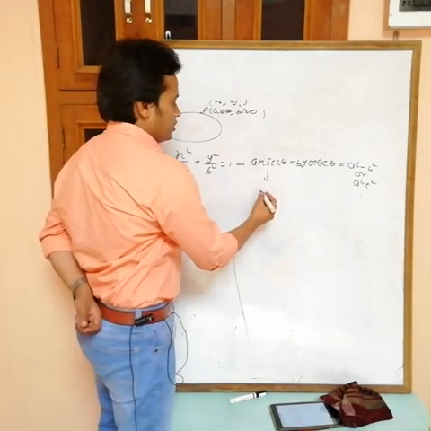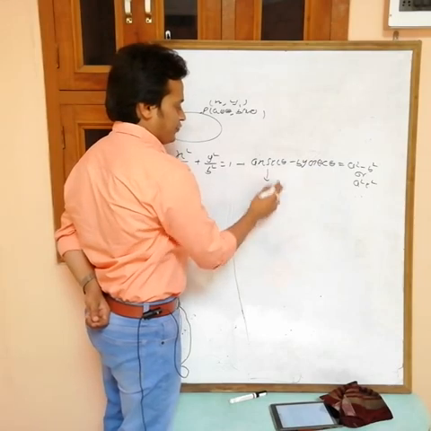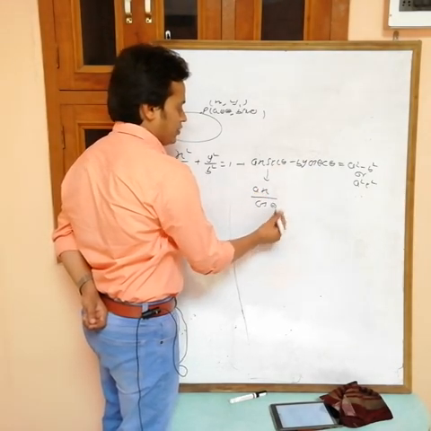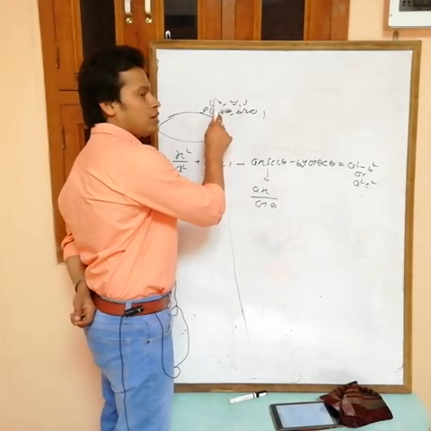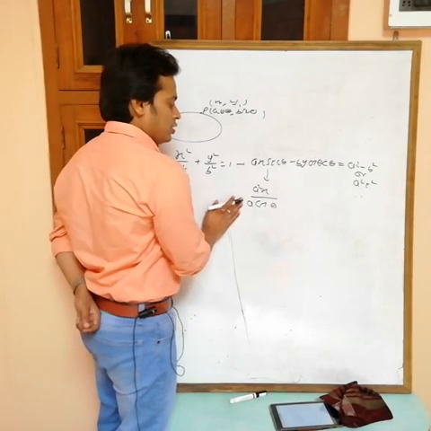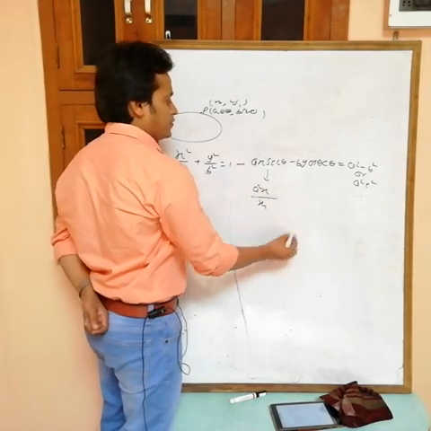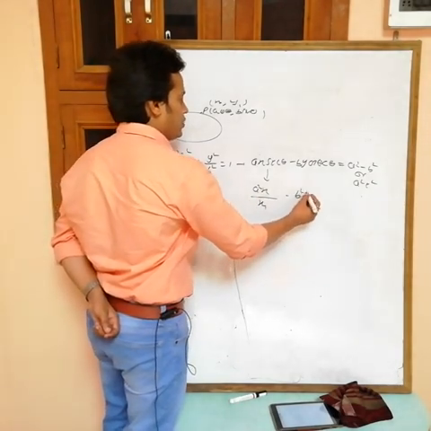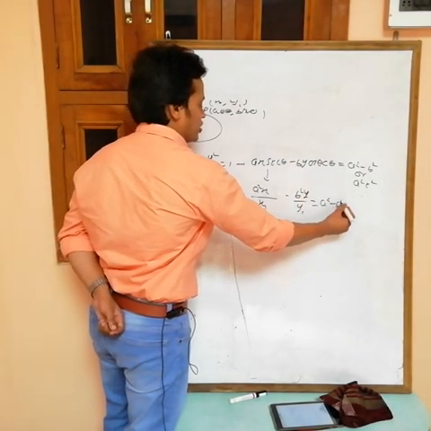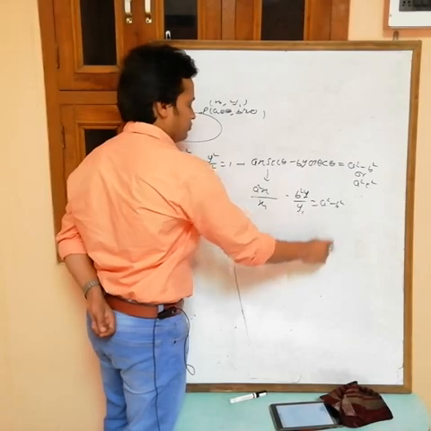In x sec theta, the denominator becomes cos theta, and a cos theta equals x1. Similarly here you will get b square y by y1 equals a square minus b square.